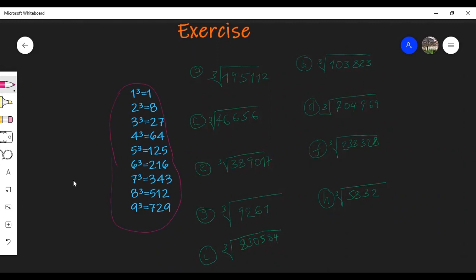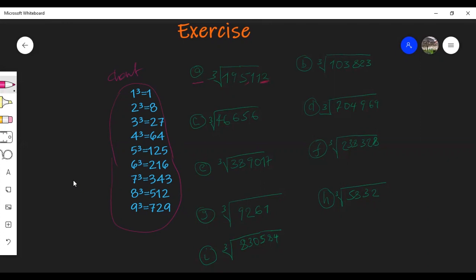So let's go here to question A. Question A asks us to get the cube root of 195,112. You can choose to go a long way, or basically look at the number and use the chart here to find the answer. One thing you want to do is look at the end, like divide this number into 2 and look at what number it ends with.